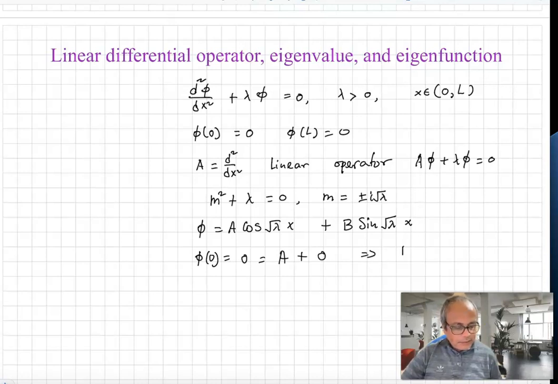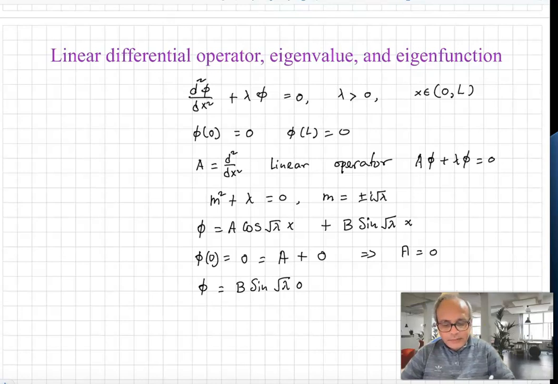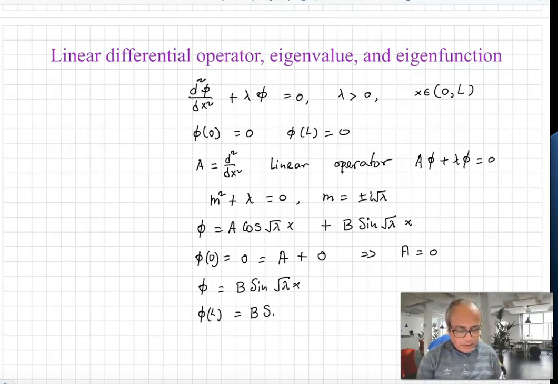This gives you the first coefficient a is 0, so phi is just sine. Now you use the second condition, b sine square root of lambda L, and this equals 0.